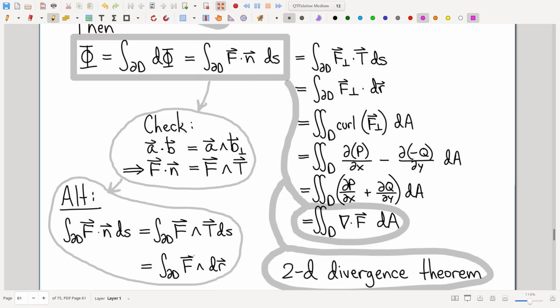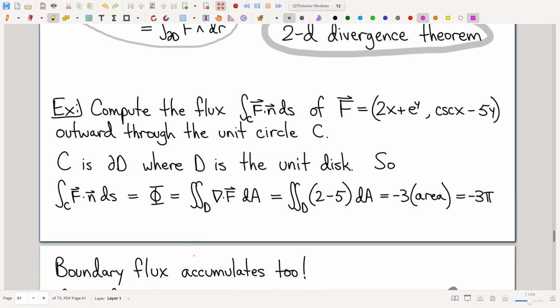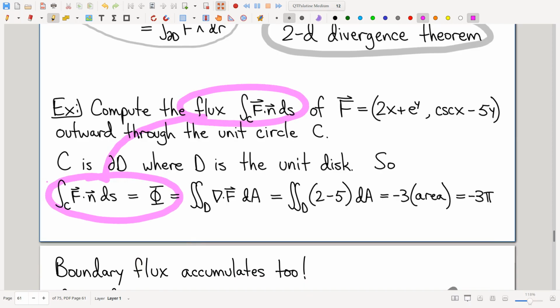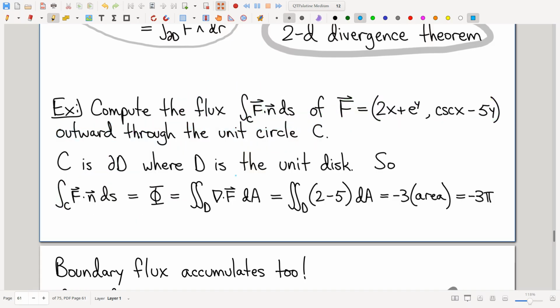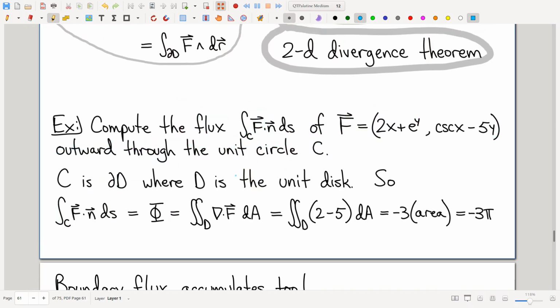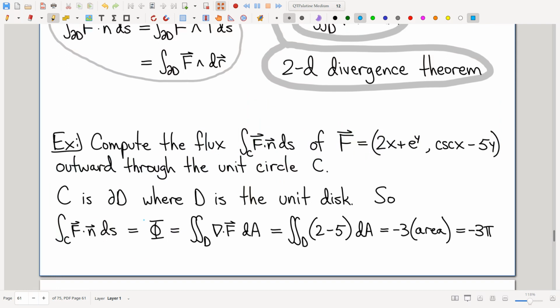Okay, let's do an example. Let's compute the flux. And we have a vector field given. And we have the curve given. And how do we compute this? Well, the theorem up here that we just got through proving says that flux is just a double integral of divergence.